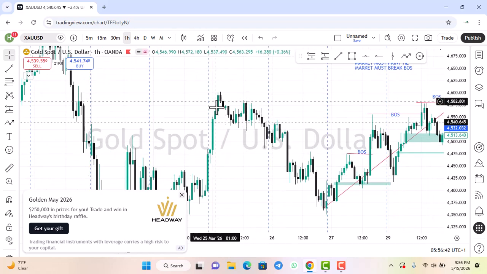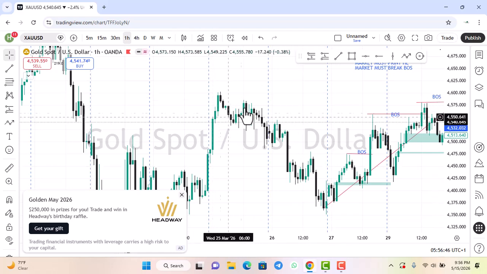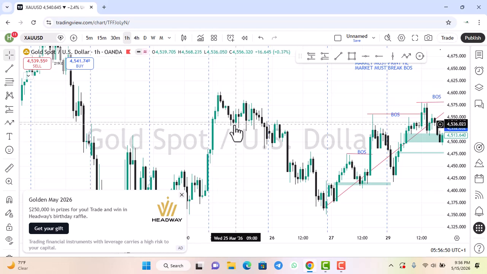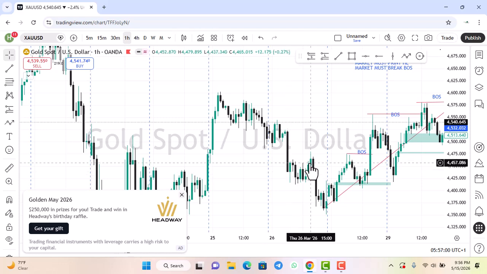Okay, we want to use this downtrend example, right? So we can see the structure is very clean. This is our lower high, lower low, lower high, lower low, right? Lower high, lower low, right? Lower high, then the final lower low here.